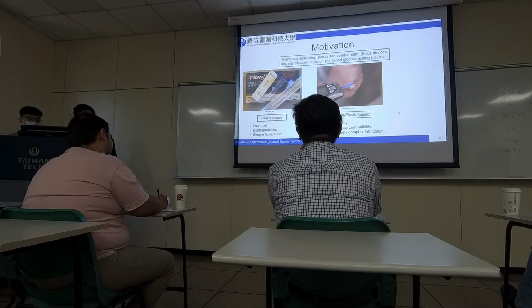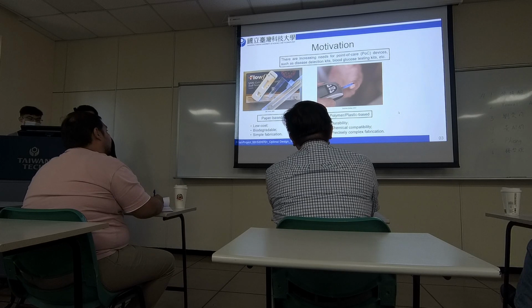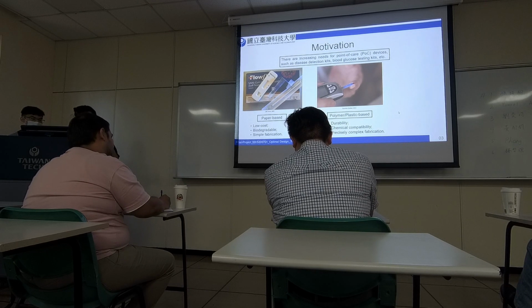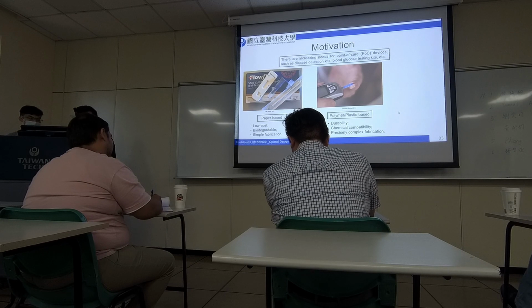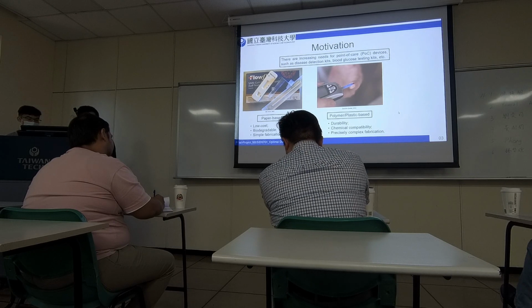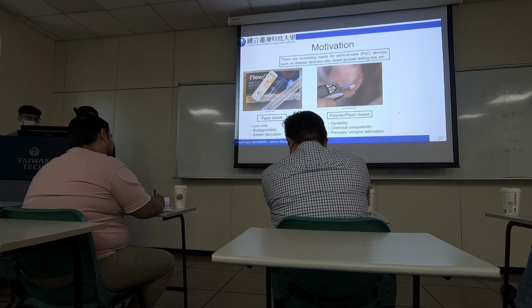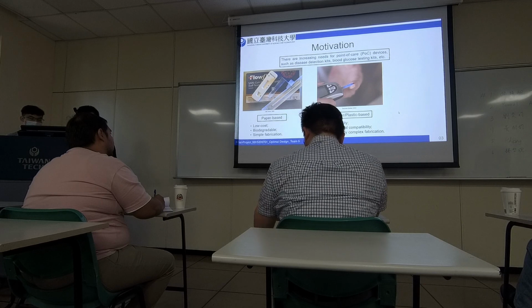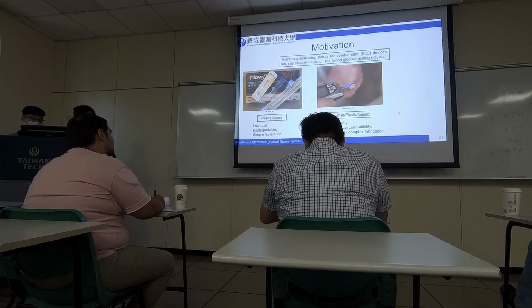Nowadays we need a lot of point-of-care devices, which means devices you can use for common applications like disease detection, or here, the blood glucose testing kit. This kind of device can be divided into two types based on the main mechanism inside: paper-based or polymer or plastic-based.